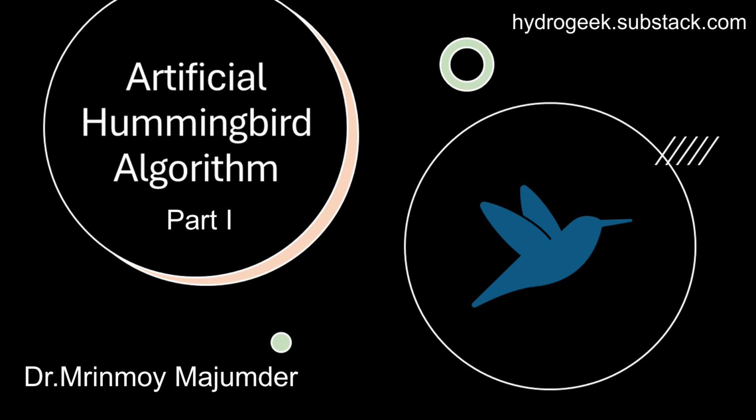So the thing that makes a flower very attractive to hummingbirds is the nectar refilling rate that I just told you. If the nectar refilling rate is fast, then it is said the flower is fitter than another flower which has a very slow nectar refilling rate.